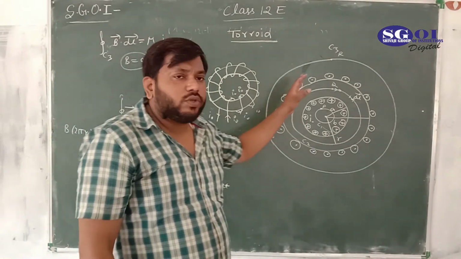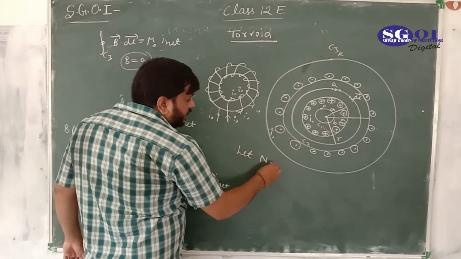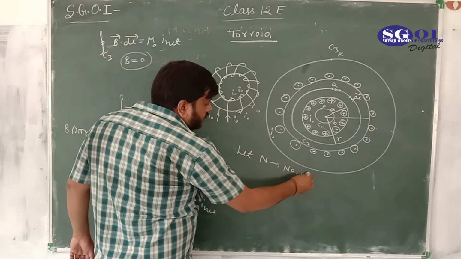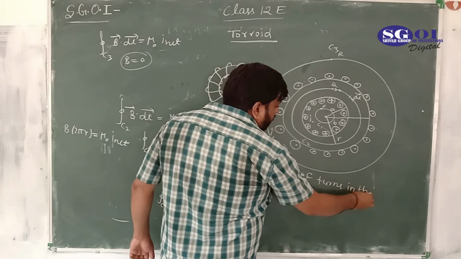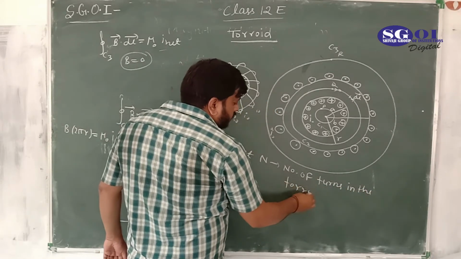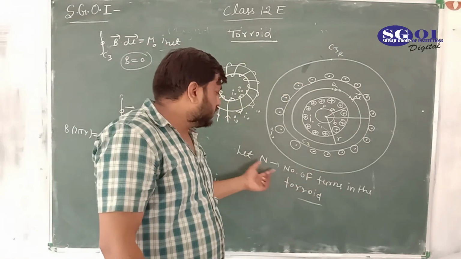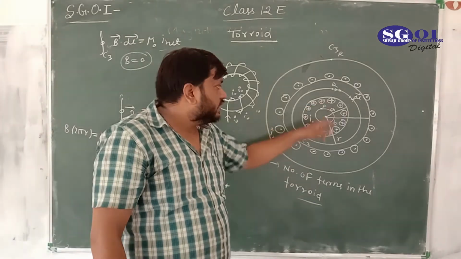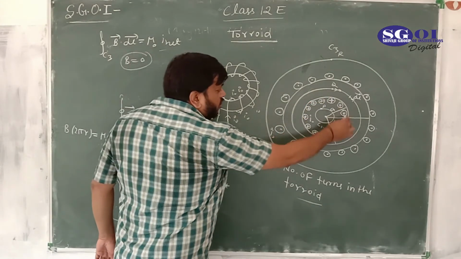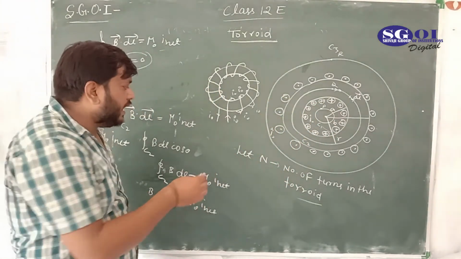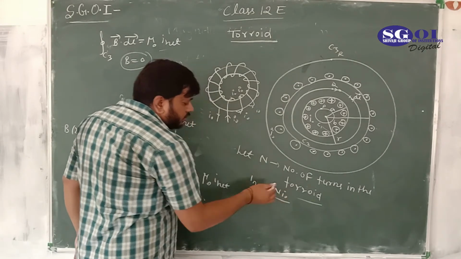Let's say there are a total of capital N number of turns in the toroid, and from each turn current I naught is passing. So from N number of turns, because all the turns are enclosed, the net current flowing is N I naught.